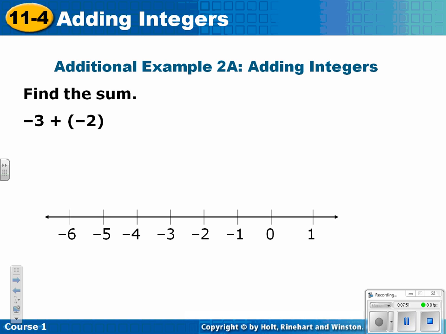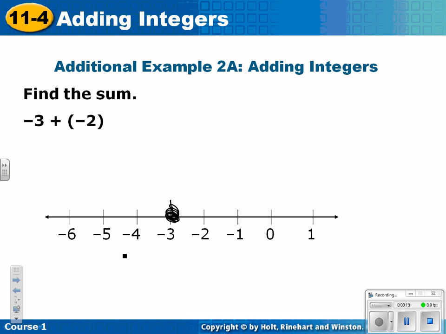So if you think about this now, back to first grade. This is how you solved these problems when you were in first grade. The first number you had, you put your pen or pencil or finger on the number line right where the first number was. So we're going to put it right here. This is where my finger goes. -3, because that's my first number. Now I need to look back at my cheat sheet. I'm plus a negative.